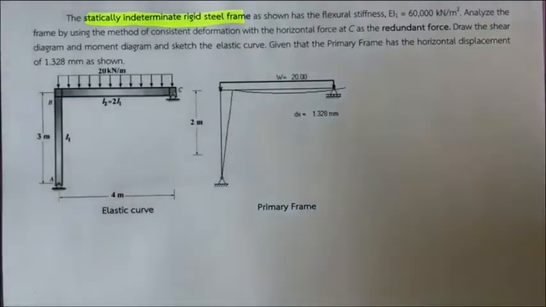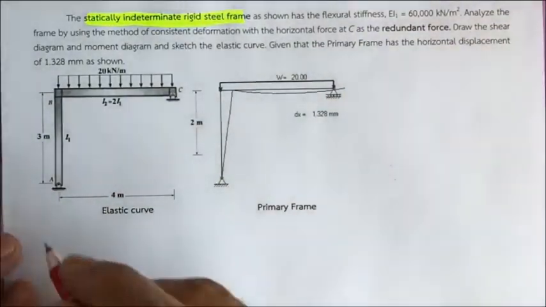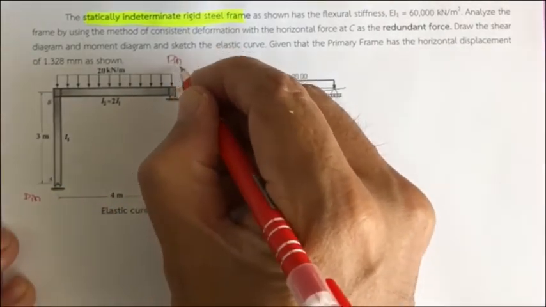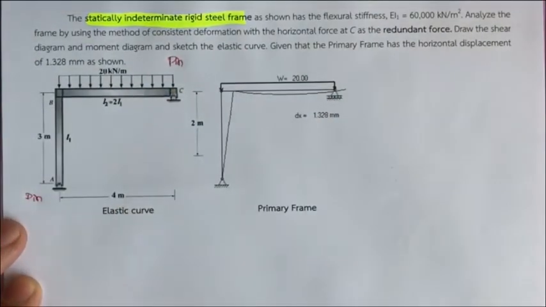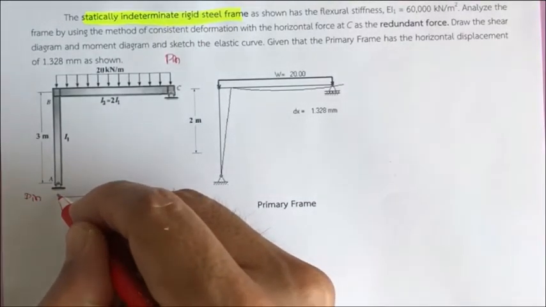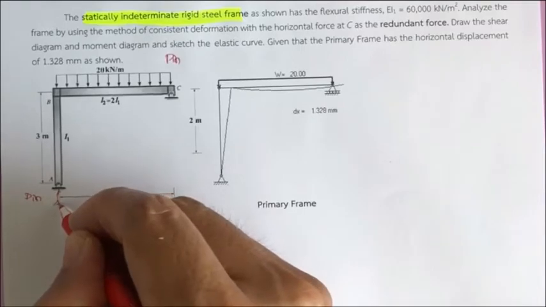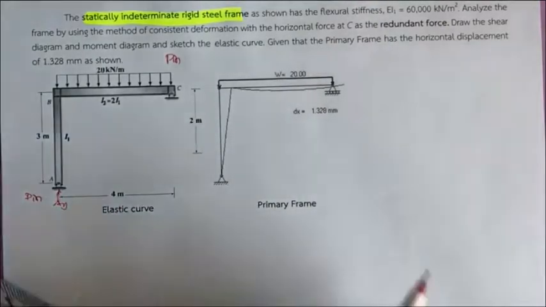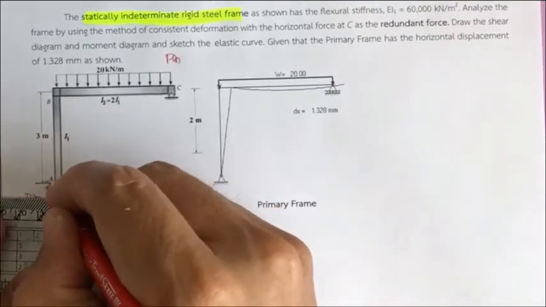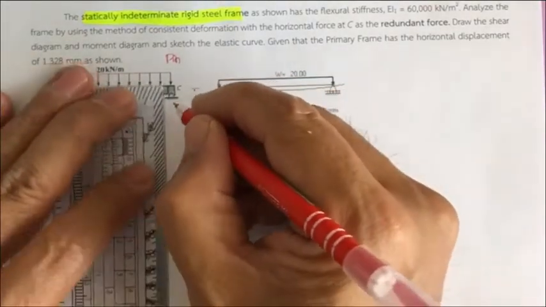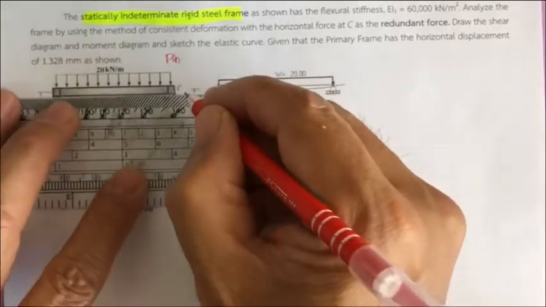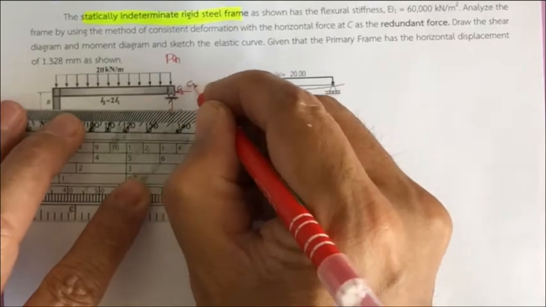This frame has a pin at A and also at B. So this structure is going to have reactions at A, that is A sub y, and also A sub x, and also at C you're going to have C sub y and C sub x.